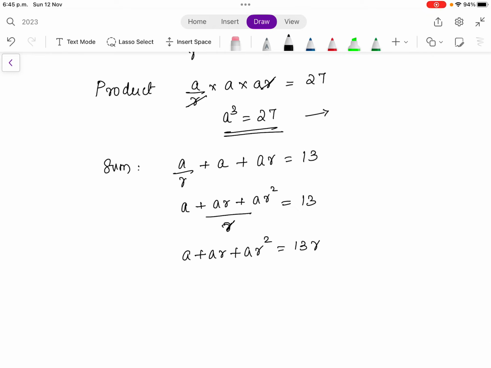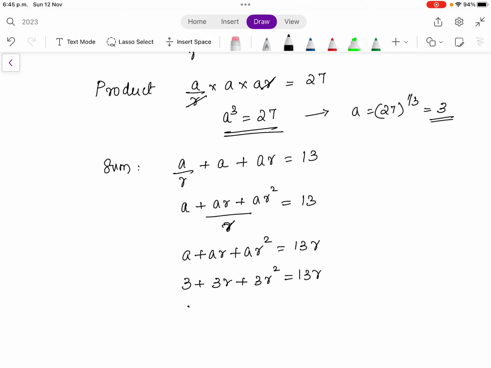Now let's consider the first equation, A cube equal to 27. That means A is equal to 27 to the power of 1 over 3, which is 3. So I got A as 3, so that I can sub in over here. So 3 plus 3R plus 3R square is equal to 13R.